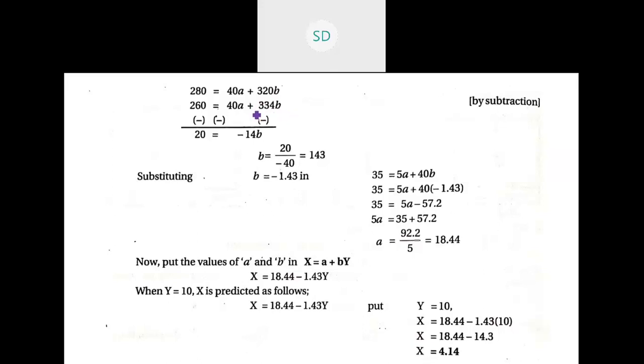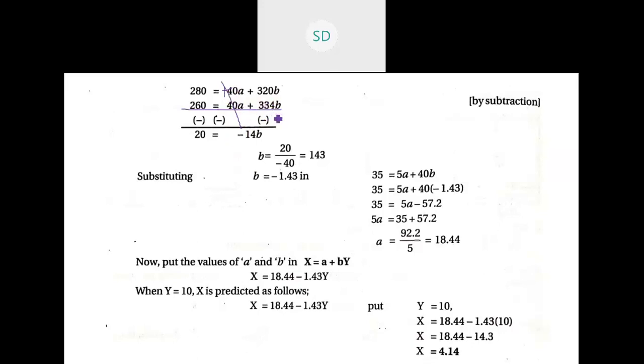So subtracting means I have to change the signs of the second equation. Okay, so plus will become minus, again plus will become minus, and again plus will become minus. Now if you see the expression, plus 40a and minus 40a will get cancelled. Okay, so the complete expression of a will get cancelled.